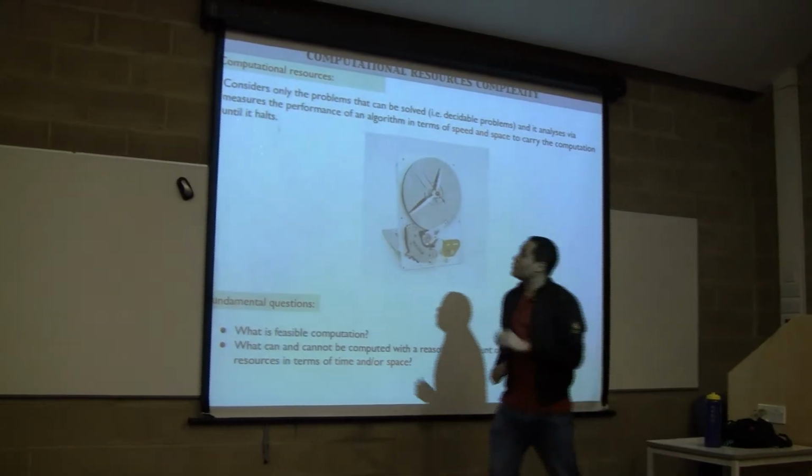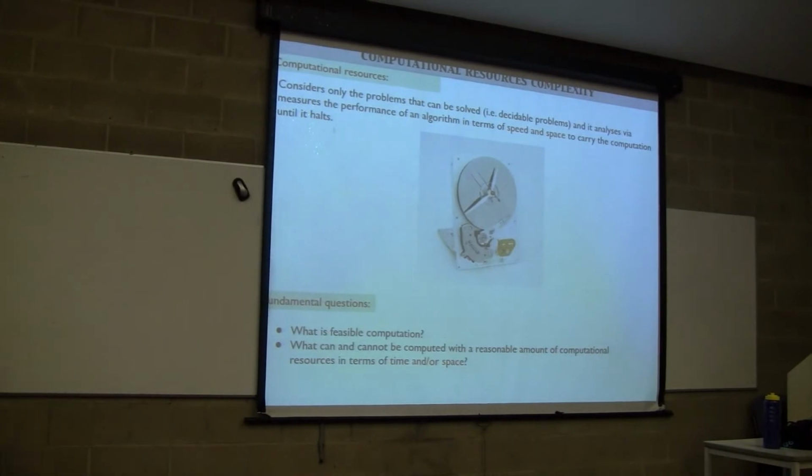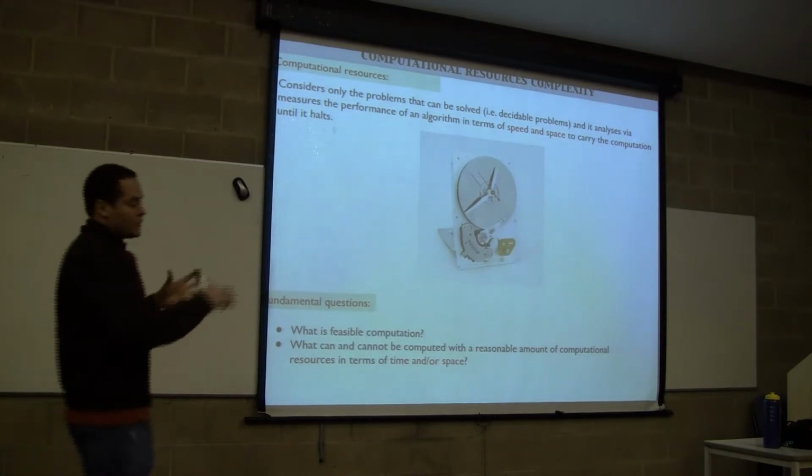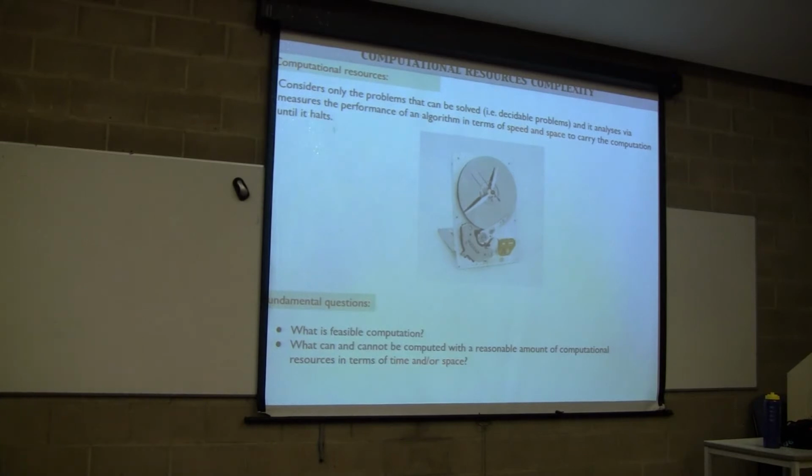In this class, what we're going to look at is what is known as computational resources. We know that there are two big classes: the problems that can be solved, the halting problems, where in finite time you can decide whether there will be a result or not, and problems that are completely undecidable.